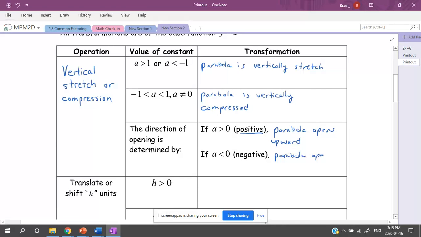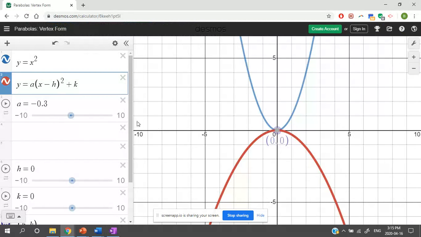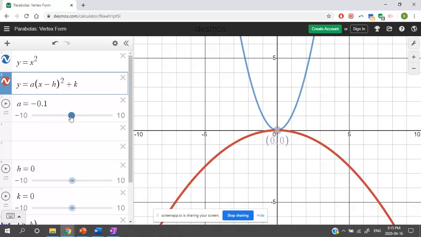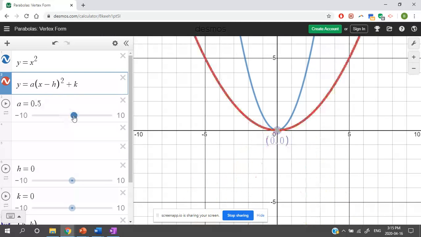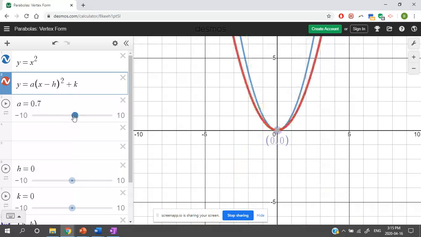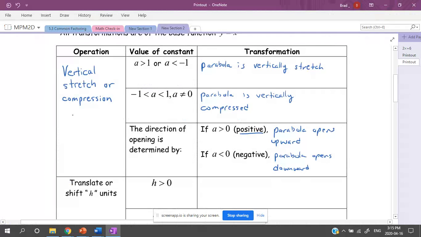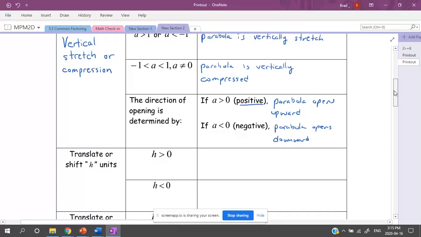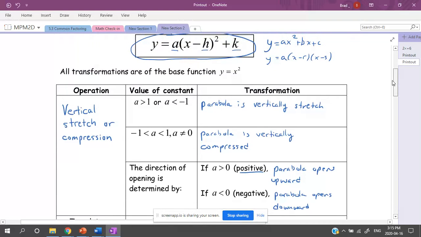Using the same analogy, if it's a negative A, then it's frowning because it's so negative. You can see if A is anywhere below 0, it's opening downwards. If anywhere above 0, it's opening upwards. So A has two functions: vertical stretch and compression, and also the direction of opening for the parabola. And that's the same thing that A does for all three forms, as I mentioned earlier.